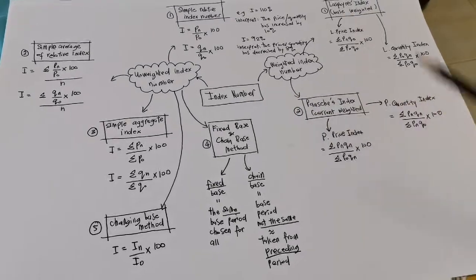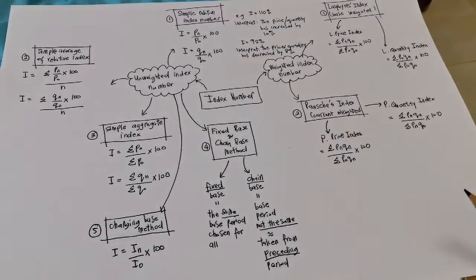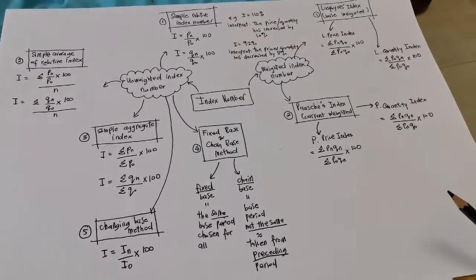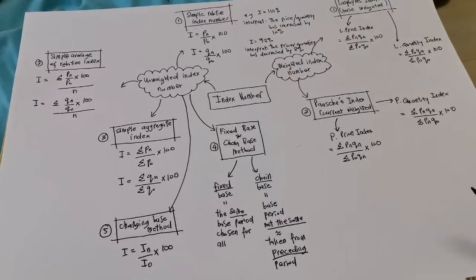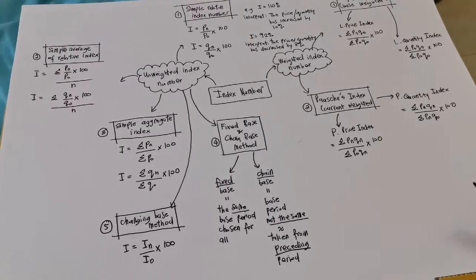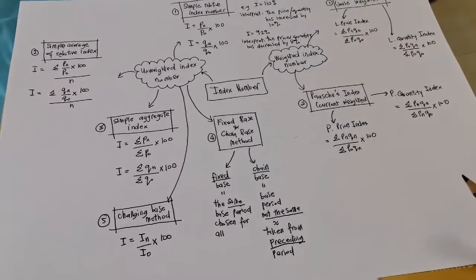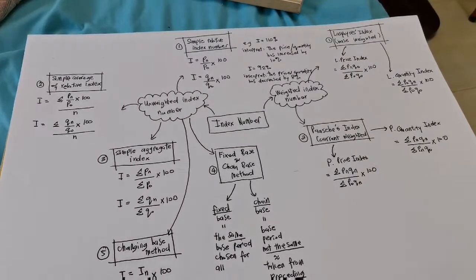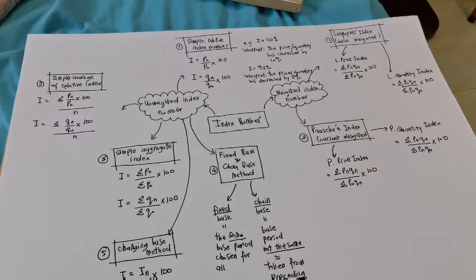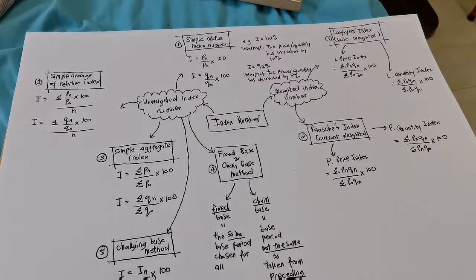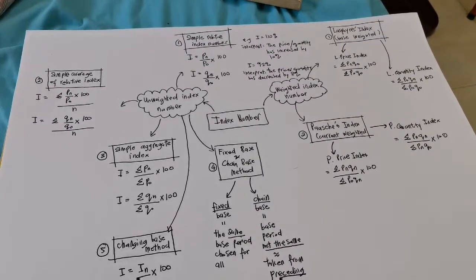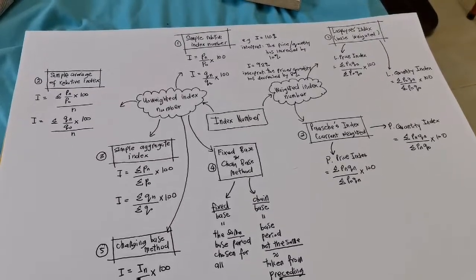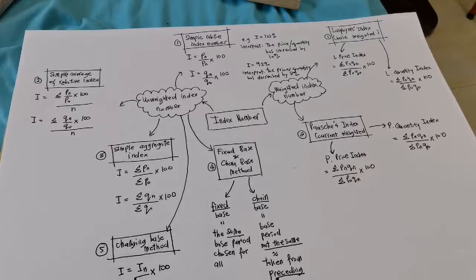Before we continue with index number, when do we use the concept or the application of index number in our real life? This topic is related to when you want to know the changes that happen between two different units of time.